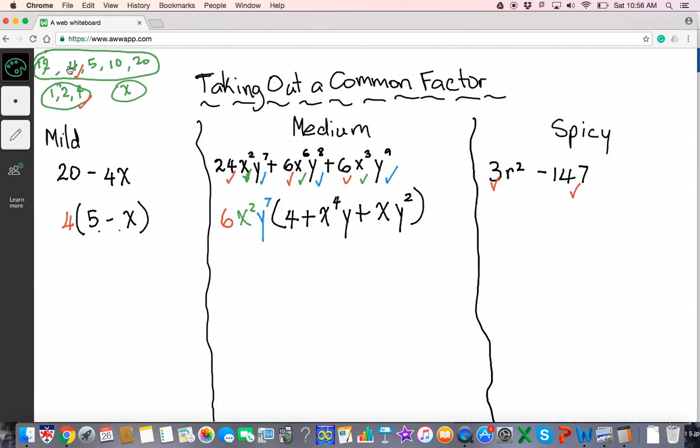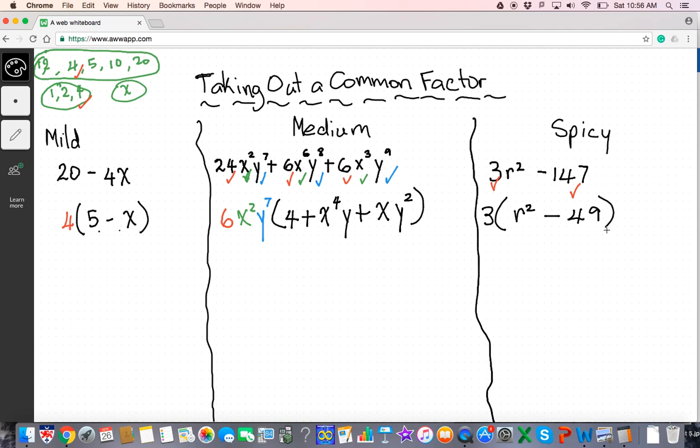So we go ahead, we write that down. And as far as r, well, there's no r over here, so there's no r in the greatest common factor. All right, so now we can divide this by 3, and when you divide this by 3, you get r to the 2nd power. And when you divide this by 3, you get 49.